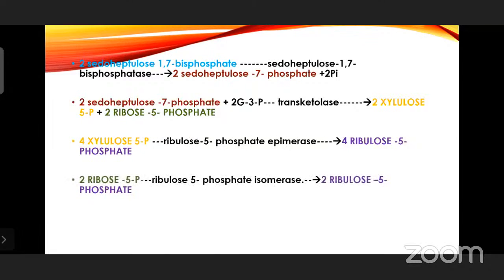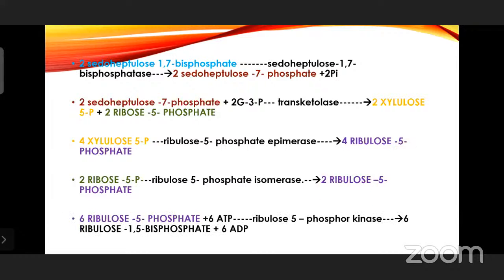Then next step, this 2 ribose 5 phosphate, in the presence of ribulose 5 phosphate isomerase enzyme, is getting converted to 2 ribulose 5 phosphate. Ribose has become ribulose 5 phosphate. Now you can see here 4 ribulose 5 phosphate is there, 2 ribulose 5 phosphate is there.